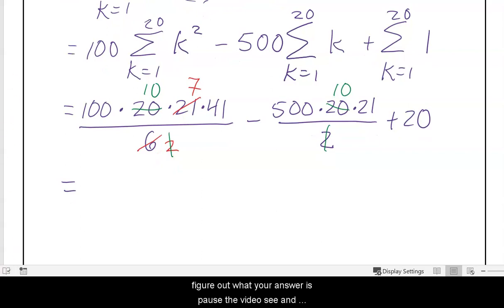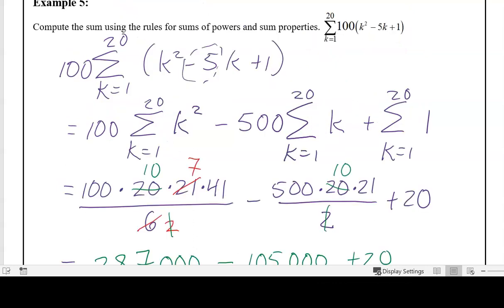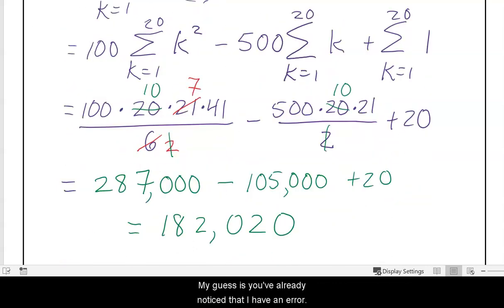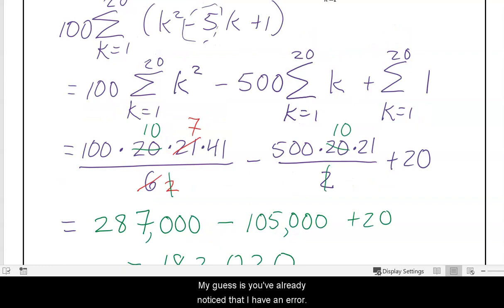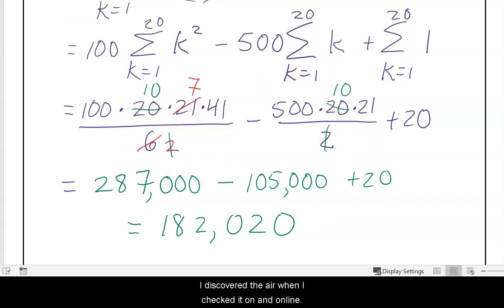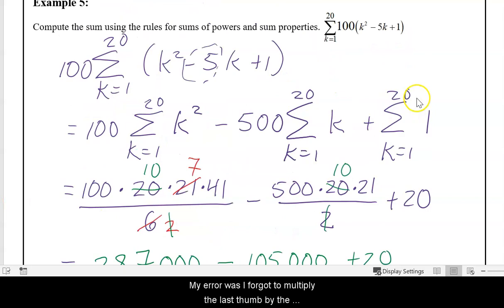Pause the video, see, and when you're done, compare it to my answer. My guess is you've already noticed that I have an error. I discovered the error when I checked it on an online Sigma calculator. My error was I forgot to multiply the last sum by the 100, which was outside all of them.